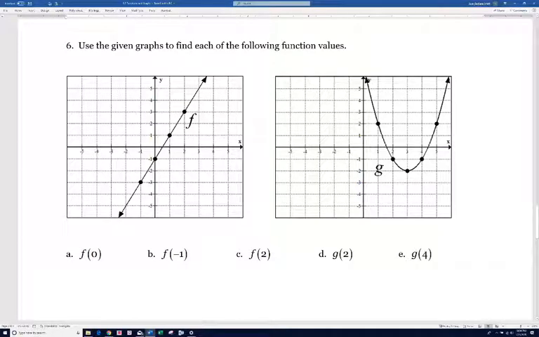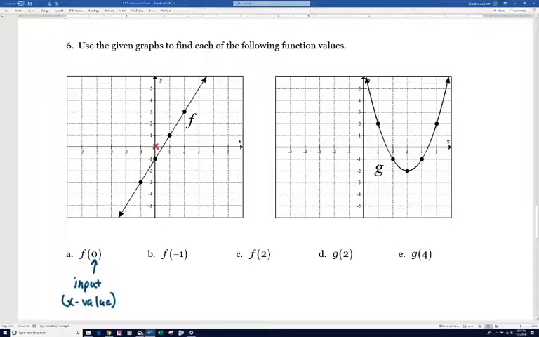So it says here, use the given graphs to find each of the following function values. All right, so let's see. If you look at A, notice 0 is your input, or your x value. So what I want to do is look on the graph where my x value is 0.